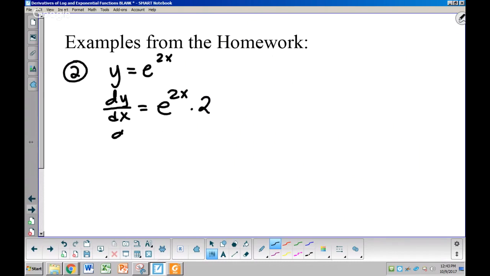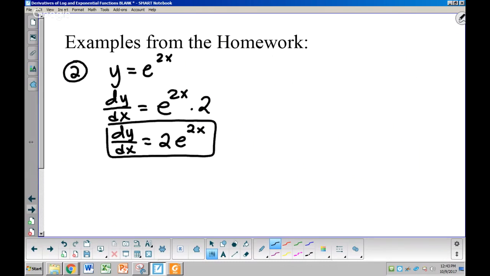So I would write this as dy dx is equal to, and I always put the 2 in front, 2e to the 2x. How difficult was that?